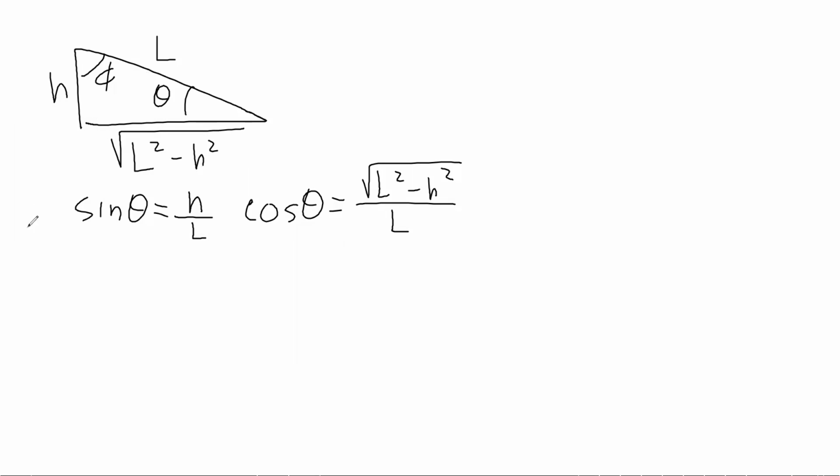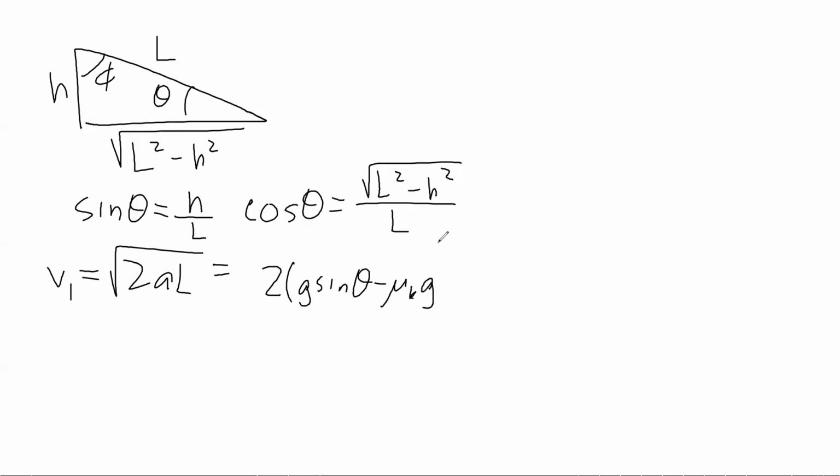And so with that, we can find our acceleration, and it's going to be something kind of strange. Well, not our acceleration. We're looking for our final speed. That's square root of 2AL, because that was the length of the thing. So you can plug that in, 2 times g sine theta minus mu sub k g cosine theta times L, all square rooted.